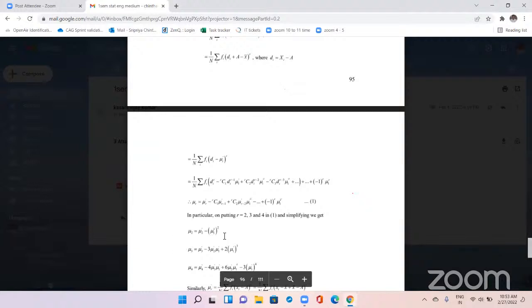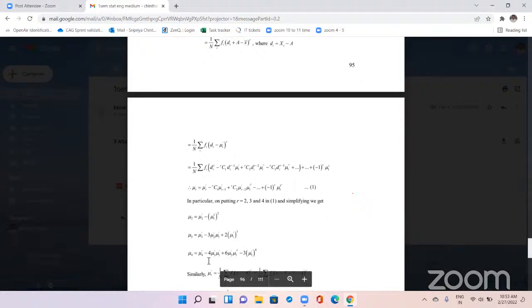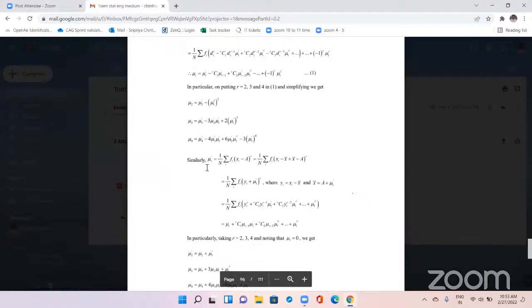Mu2 is equal to mu2 prime minus mu1 prime whole square. Mu3 is equal to mu3 prime minus 3 mu2 prime mu1 prime plus 2 mu1 prime whole cube. Similarly mu4 is equal to mu4 prime minus 4 mu3 prime mu1 prime plus 6 mu2 prime mu1 prime whole square minus 3 mu1 prime to the power of 4. So this is the relation between central and non-central moments. Similarly you take non-central moment and put minus x bar and plus x bar, there is no difference.